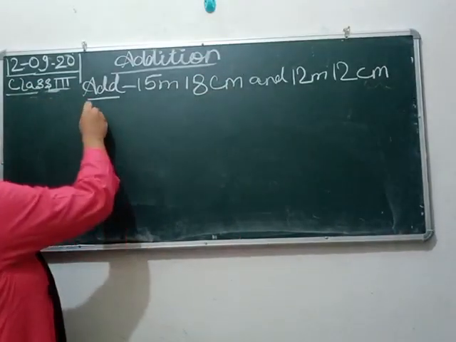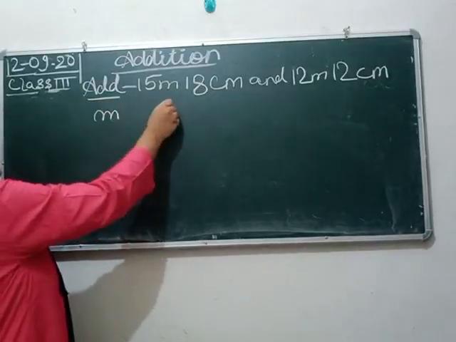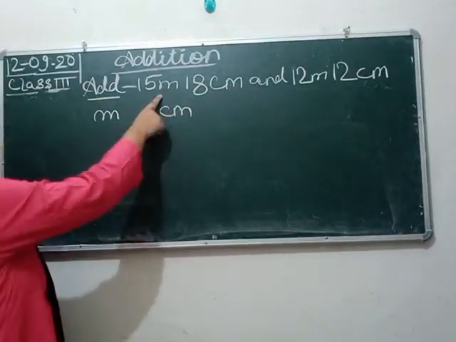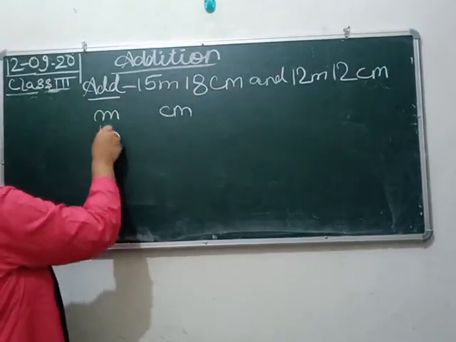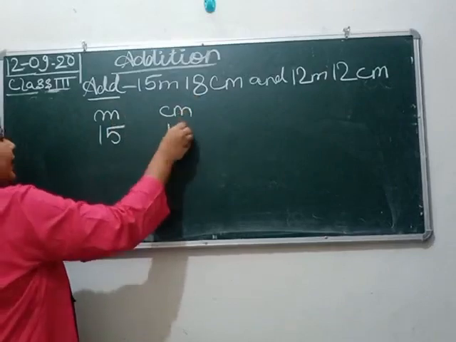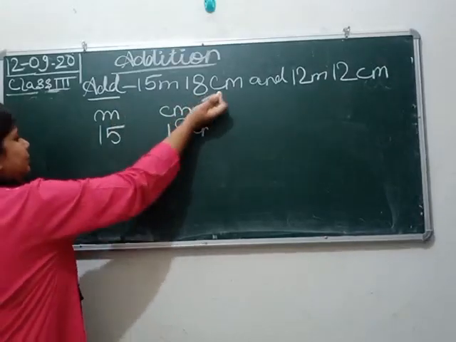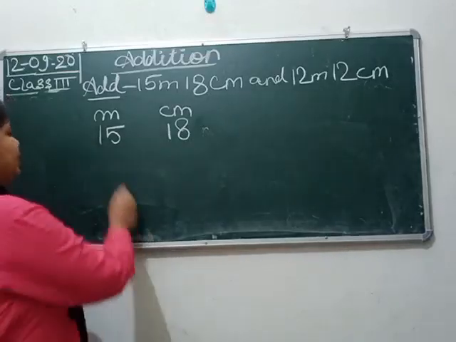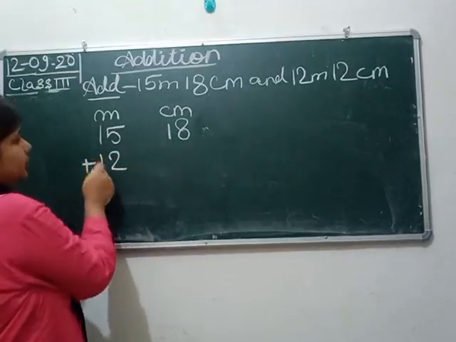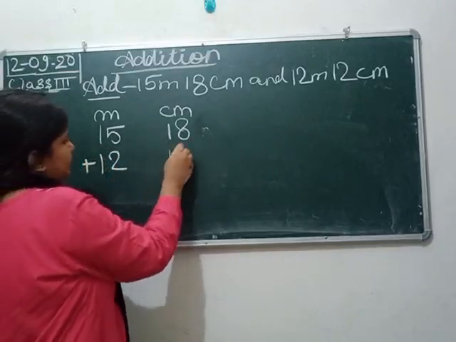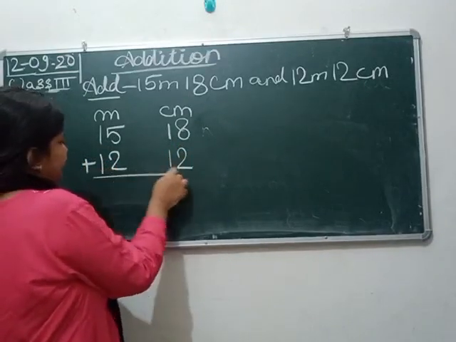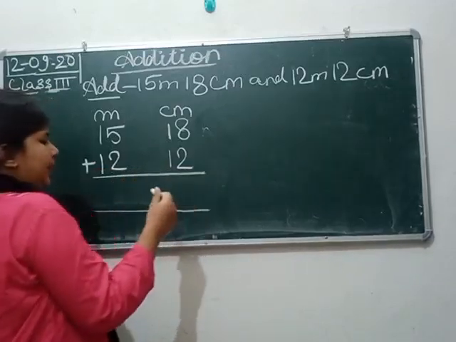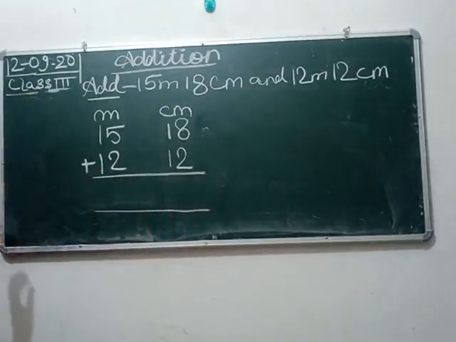Very first thing, we will make two headings, that is meter and centimeter. Now 15 meter and 18 centimeter. Next we have 12 meter and 12 centimeter. Come on, add these two together.